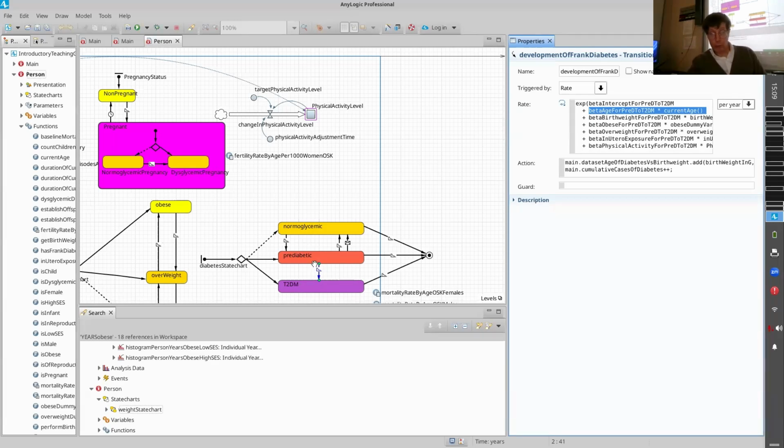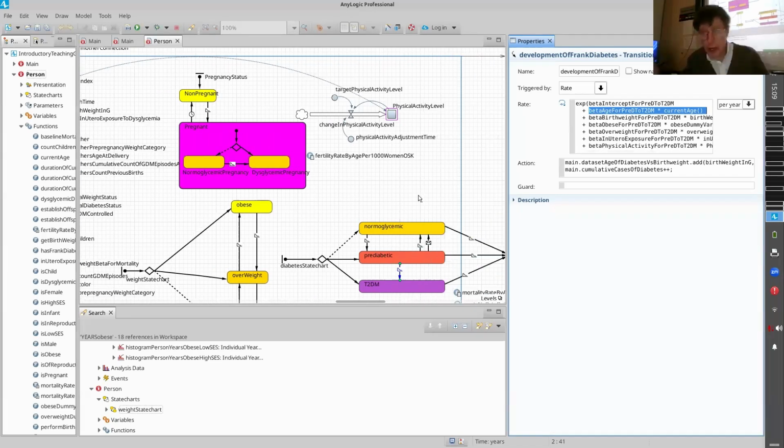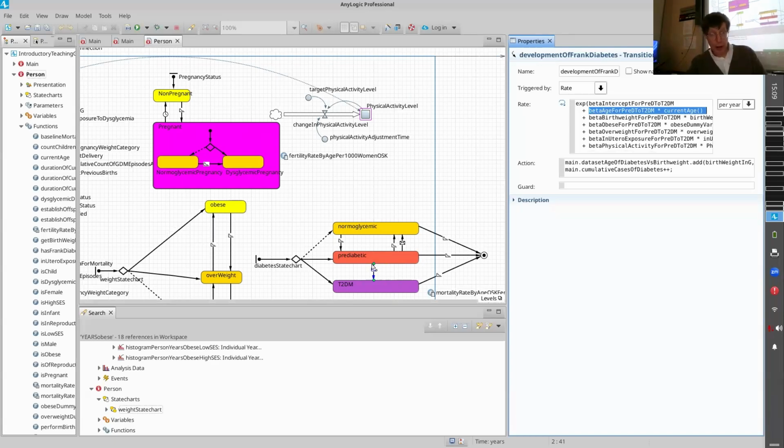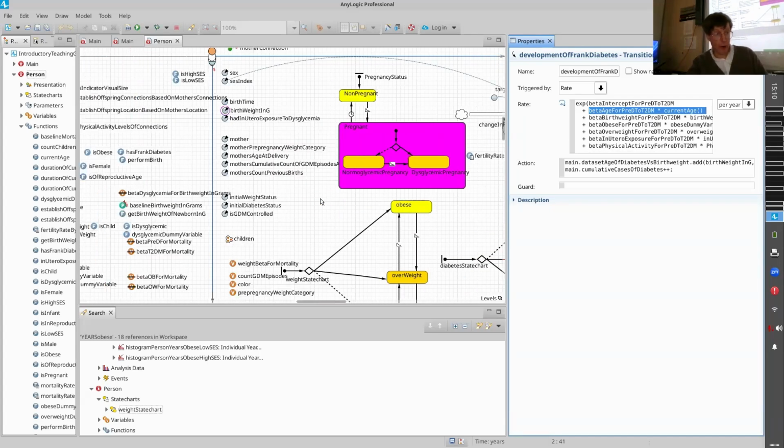Although we don't have that directly shown here, we could easily have added the time cumulatively spent in an obese state, for example, as a factor that we would take into account in their chance per month, for example, or chance per year of developing type 2 diabetes from a pre-diabetic status. So here, we can take into account aspects of history of an individual.